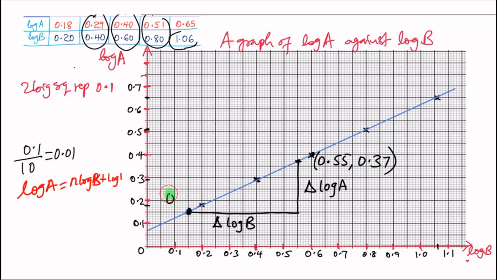Then the other point here, that is 0.15, on the y-axis, that is 0.15 also. Therefore, I can use the points that I've chosen to find the gradient.